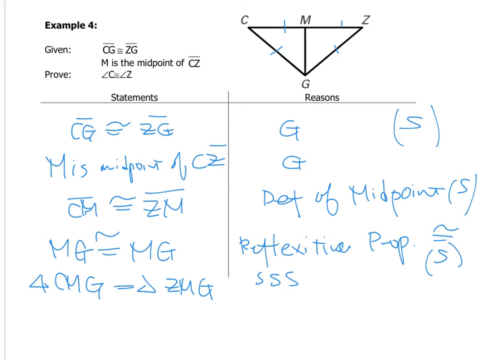And by CPCTC, I know that when the triangles are congruent, the corresponding angles C and Z must be congruent to each other. See, that's how we use CPCTC. We first have to prove the triangles are congruent, and then by extension, using CPCTC, we can conclude about the other information.